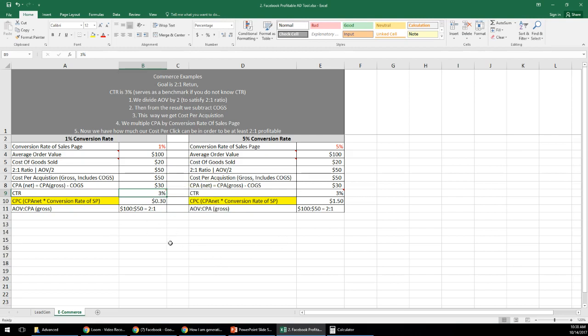However, if you do have your own number and you know what your click-through ratio is, please enter that number in here. In this case, we see that cost per click is basically cost per acquisition times the conversion rate of the sales page. Out of these 3%, we know that only 1% will convert. You remember, we had a similar example with lead gen.